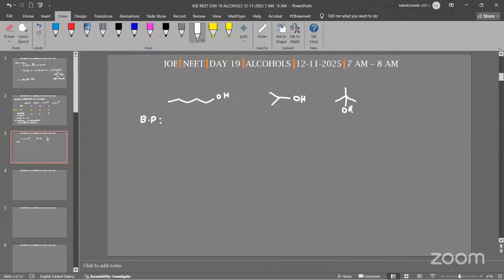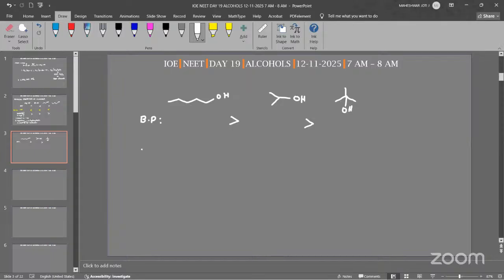So as the number of branches increases, surface area decreases. If surface area decreases, intermolecular attractions decrease, boiling point decreases. So boiling point of n-pentyl alcohol is greater than that of isopropyl alcohol, which is greater than that of tertiary butyl alcohol.